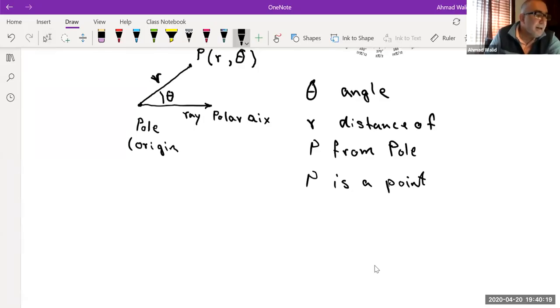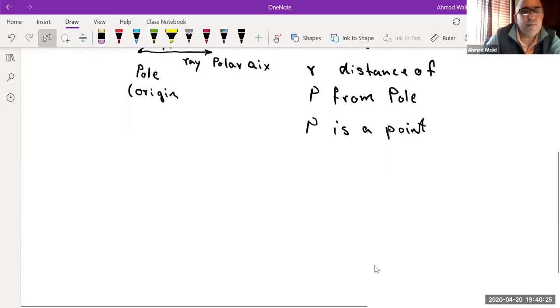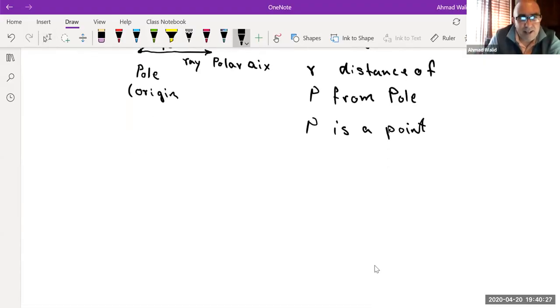Now, a few things. Maybe most of you know this part. If I want to draw this, my ray, that's a pole. If I want to draw a positive angle, which is the first or maybe second topic in trigonometry, everyone knows what a positive angle is.